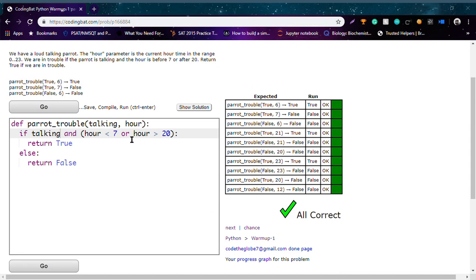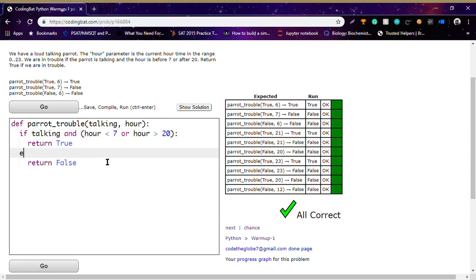And hour is greater. Okay, so if hour is less than 7 or hour is greater than 20, that's right, then we need to return true. For this we can actually take our else here, and we can just clear the indentation right there. This states that first try this conditional, and if that's not met, we move on and then we return false, because return is different from print.